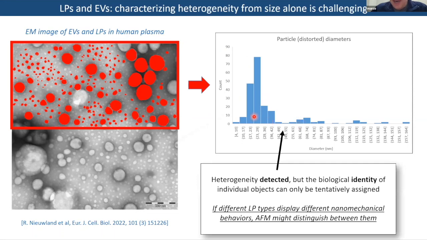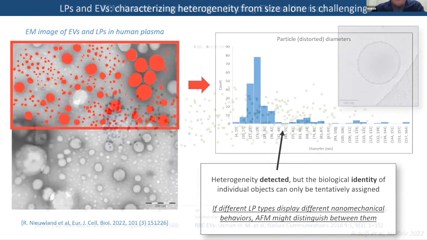So with size alone, we can detect heterogeneity. We can detect that there is a peak of probably LPs around these sizes here, but we cannot really distinguish between them. So our hypothesis was, if the different classes of LPs have different nanomechanical behaviors, then we might be able to distinguish between them, okay?